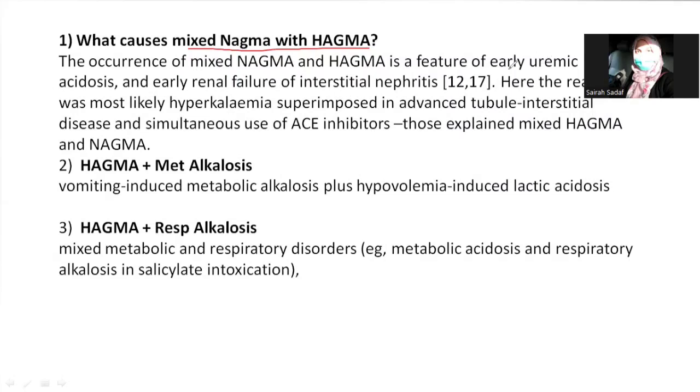In early uremic acidosis or early renal failure with interstitial nephritis. The reason was most likely hyperkalemia superimposed on advanced tubulointerstitial disease and simultaneous use of ACE inhibitors. This is one example of HAGMA plus NAGMA.